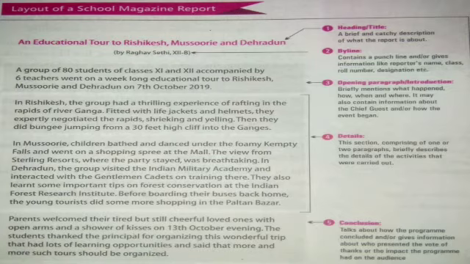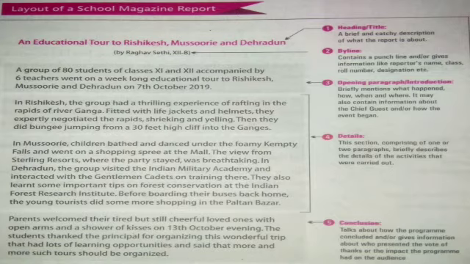So let us see the opening paragraph of it. A group of 80 students of classes 11 and 12, accompanied by 6 teachers, went on a week-long educational tour to Rishikesh, Mussoorie and Dehradun on 7th October 2019. Okay, so this was the opening paragraph.